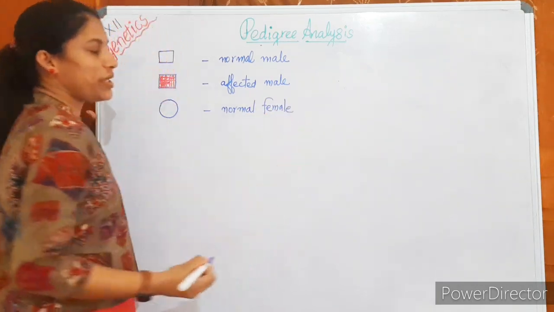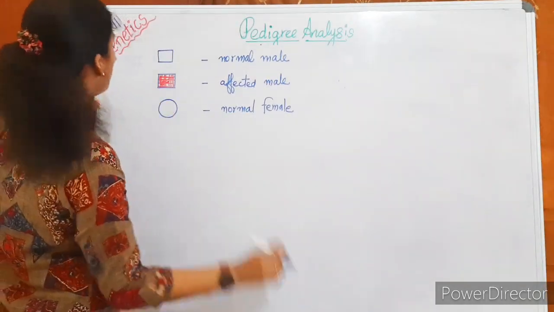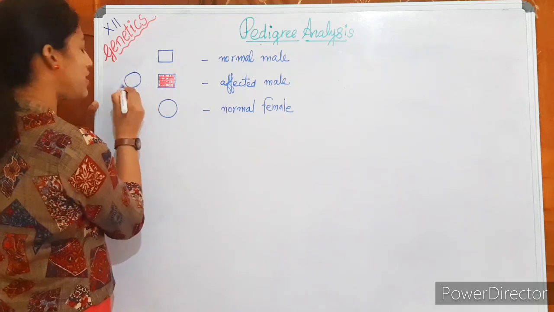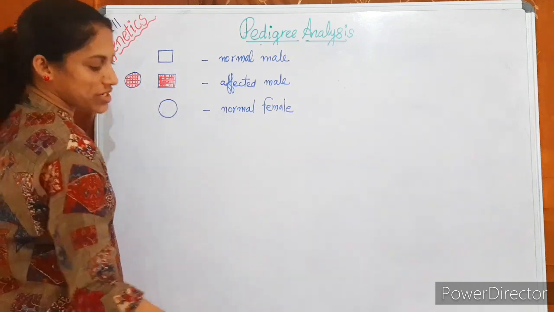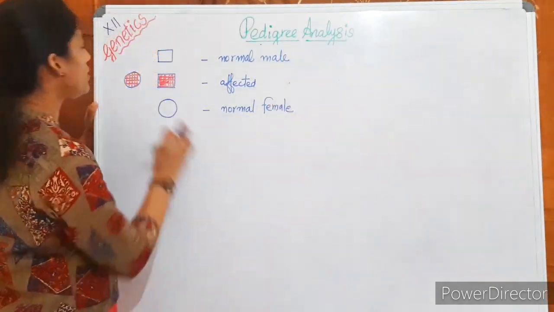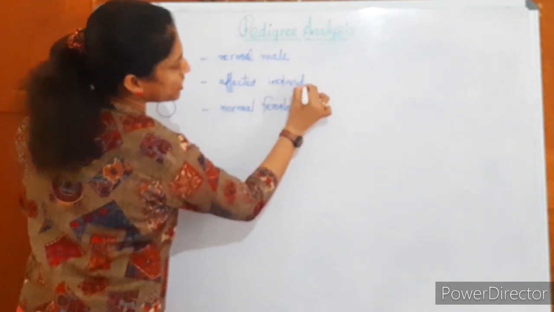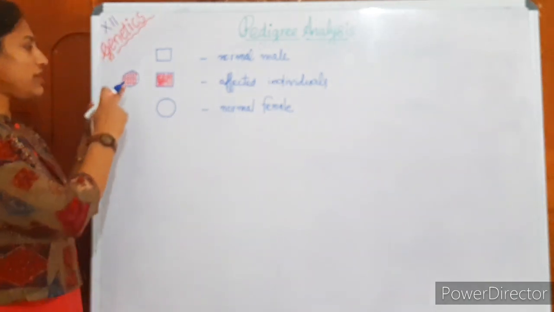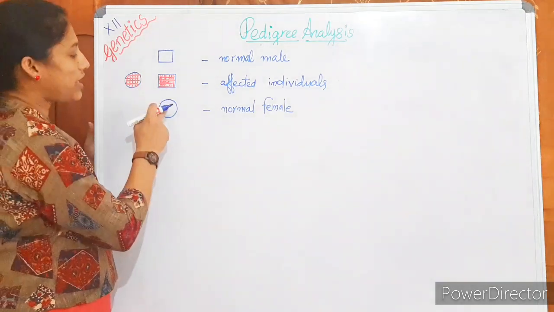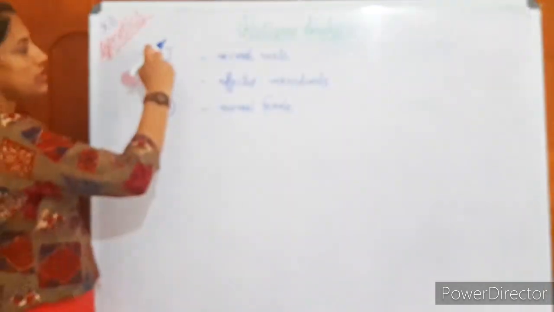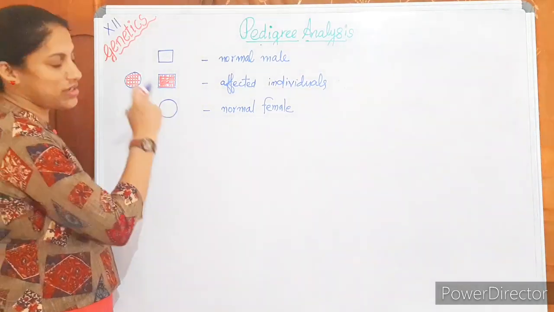If the female is affected, we can shade it. A shaded circle indicates an affected female. So we can write affected males and females, affected individuals. Listen, this is an affected female, this is an affected male, and this is a normal female: shaded circle, shaded square, and unshaded circle.